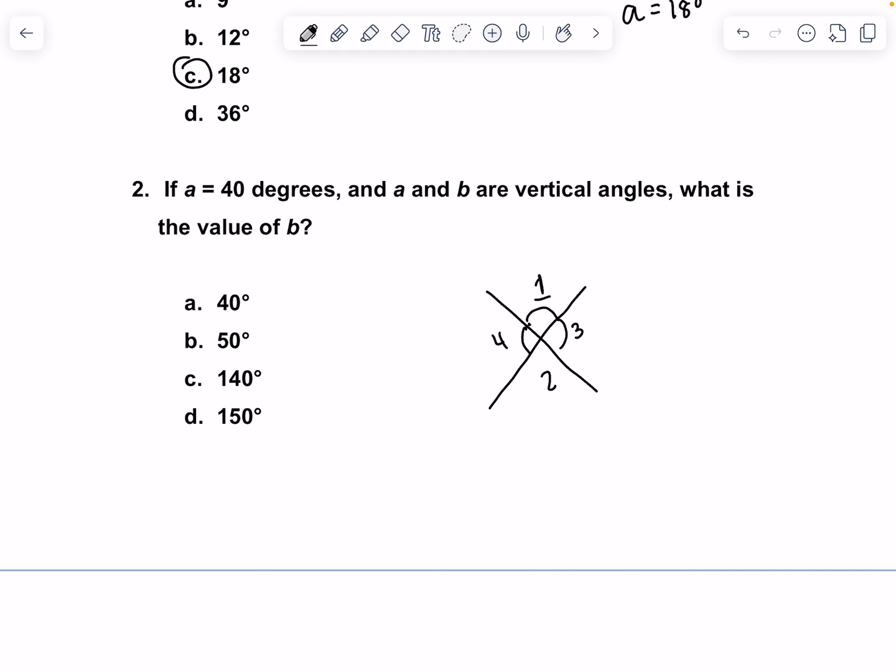So 1 and 2 would be vertical angles, so they are across from each other. Same for 3 and 4. The rule for vertical angles is that if they are across from each other, they are the same value, so the same number of degrees. So if A was 40 in this case, this means B right here would also be 40 degrees. The answer would be A, 40 degrees.